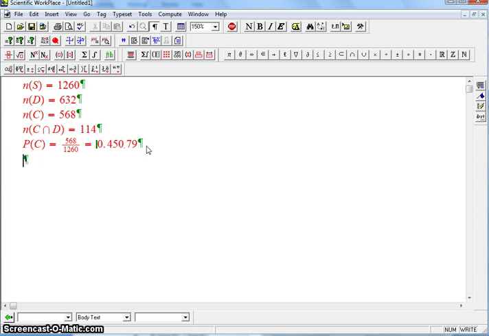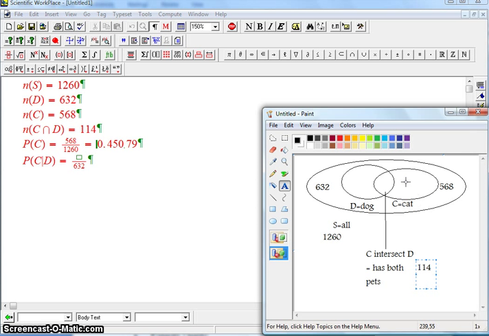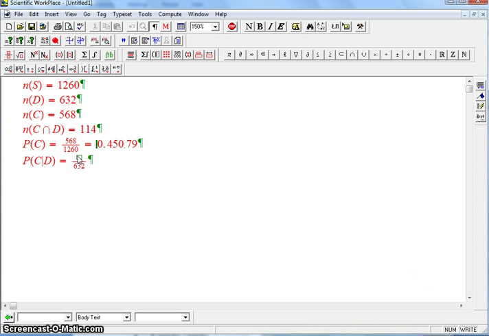Now what about the probability that someone has a cat, and I'm going to write it as the little vertical bar, given that they're known to have a dog? Well, you just treat the dogs as a whole sample space. So the denominator is going to be 632, and you don't put 568 up here, because if you know you have a dog, let's look at the Venn diagram, you're not going to be one of these guys. There's only 114 that you're going to count. So there's an implied intersection there.